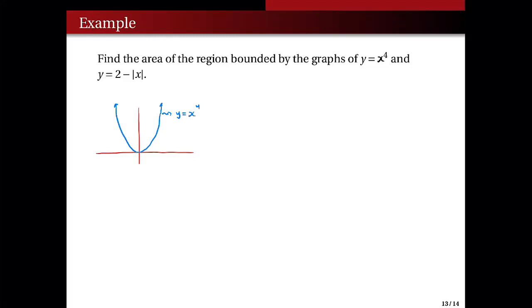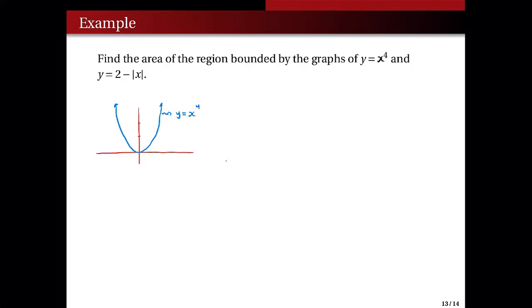And for the y equals 2 minus absolute value of x, you know the absolute value of x is a v. But we have a negative here, so we have an inverted v. And then we shift it 2 units upward. So say this is 1 here, 2 here.